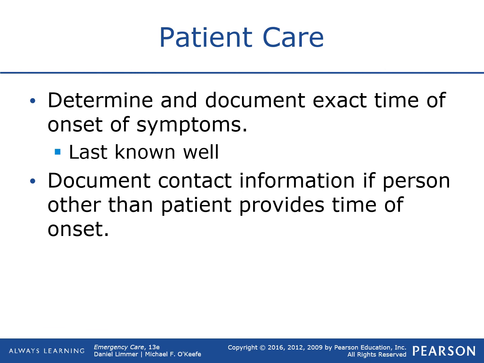And that's something that you need for the hospital. They will ask you over and over and over again what the last known well time was. If you can, try to document the contact information of the person that can give you the time of onset so that they can talk to the hospital. And also, when we're taking care of these patients, it's critical that we give pre-notification to the hospital.